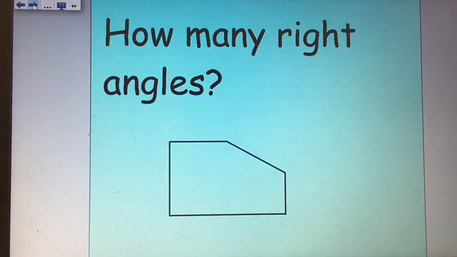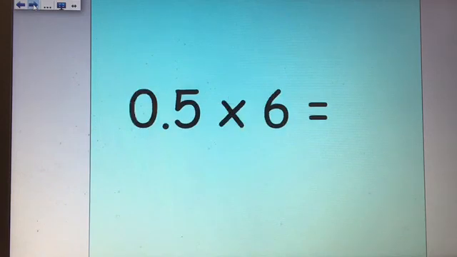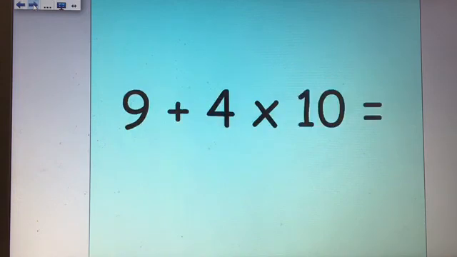How many right angles? 3. 5 divided by 4. 1.25. 0.5 times 6. 3, because 5 times 6 is 30, so it's got to be 10 times smaller. 9 plus 4 times 10 is 49. Remember, BODMAS, do the 4 times 10 first, then add the 9.